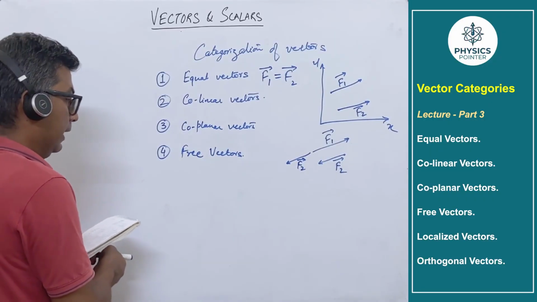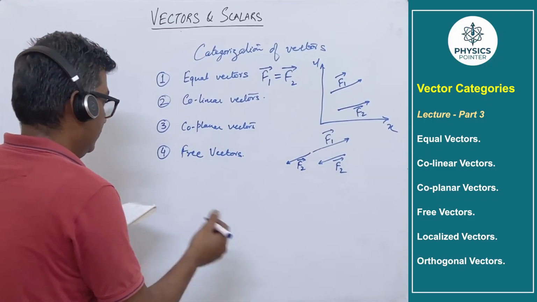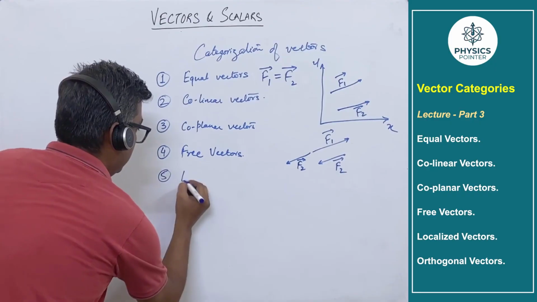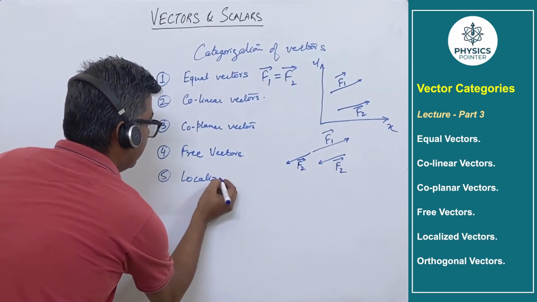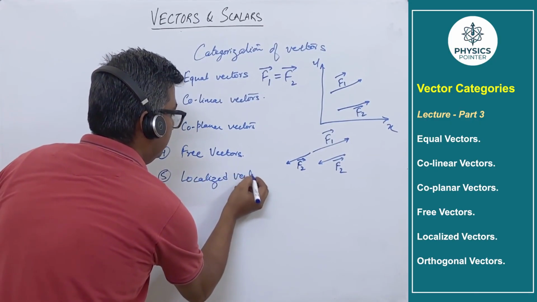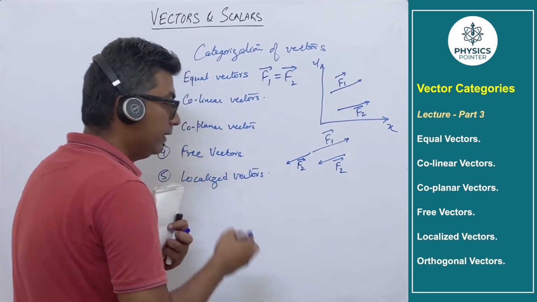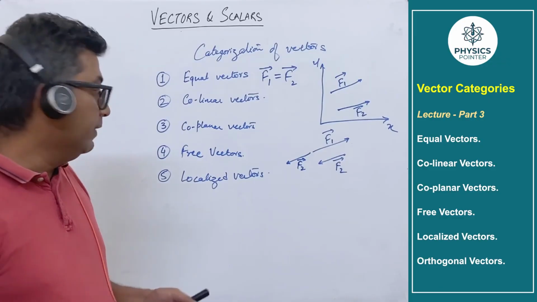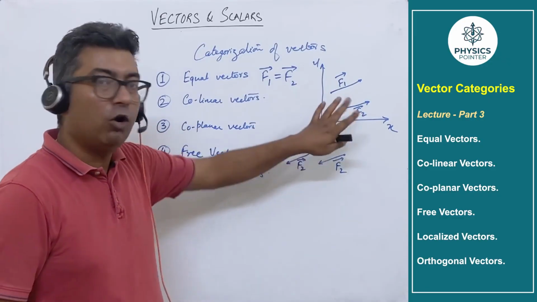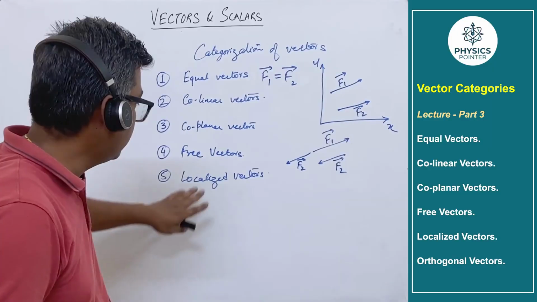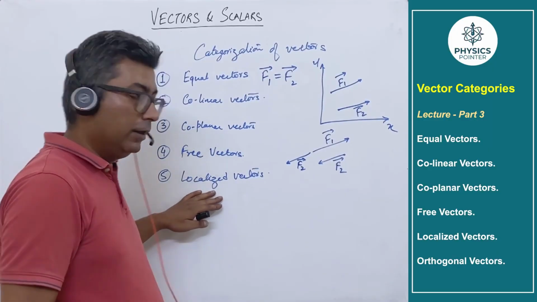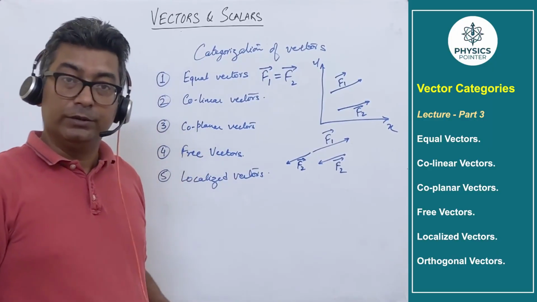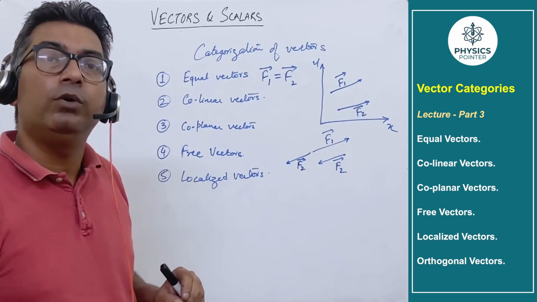Okay, next is localized vectors. Now this is very opposite to what a free vector is. A free vector says you can move around, you are not bounded by any origin, whereas localized vectors are the ones which are bounded by the origin. You cannot change the origin.